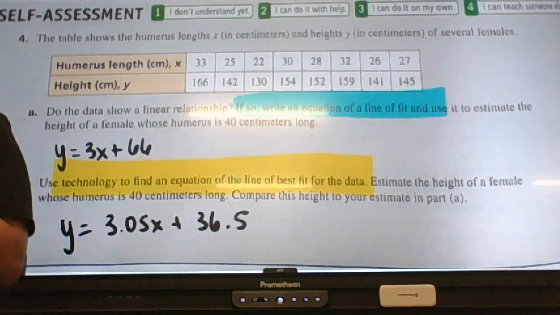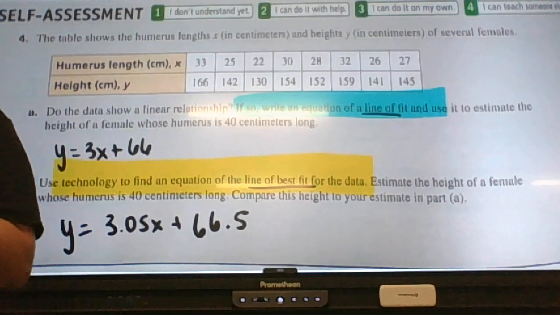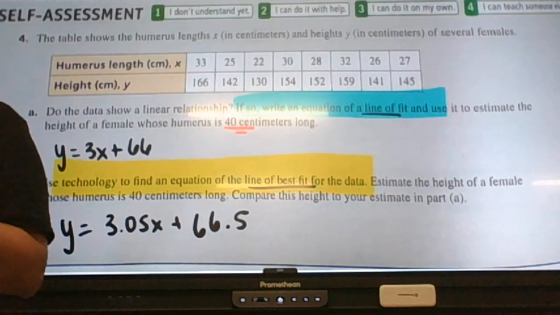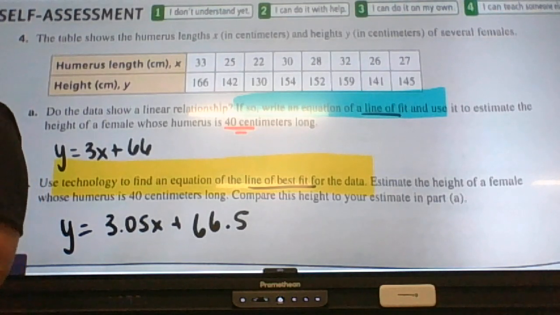You guys see the difference in the wording? We got a line of fit, we got a line of best fit. Now we have to estimate the height of a female whose humerus is 40 centimeters long. This is a frequent theme through this curriculum: you have to write an equation, and then you have to use that equation.